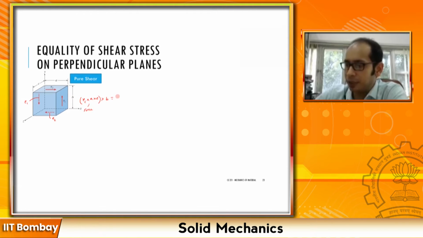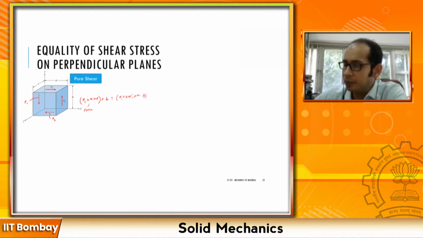This must be equal to tau 1 times, so the force acting on this particular face is tau 1 times B times C, right? And the distance between this face and this opposite face over here is A, so it must be equal to tau 1 times B times C times A, right?